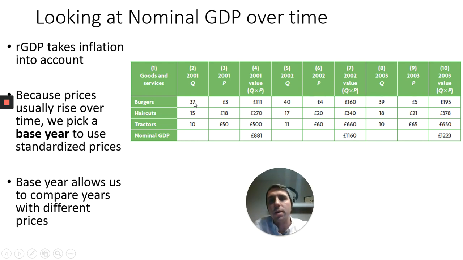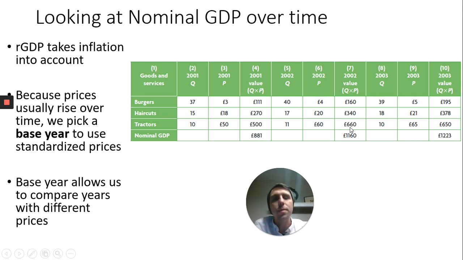So 37 burgers for $3 is 111. 15 haircuts for $18 is $270 total, because it's my revenue. And then 10 tractors for $50 a piece for $500. When I add all those together, I get $881. That would be my nominal GDP.